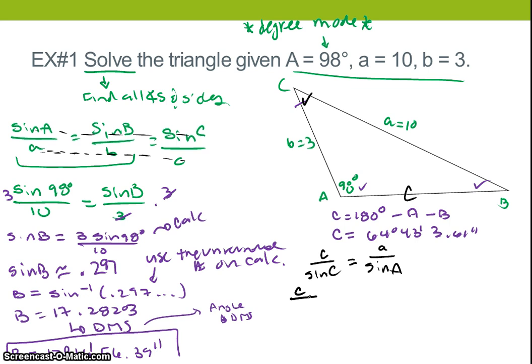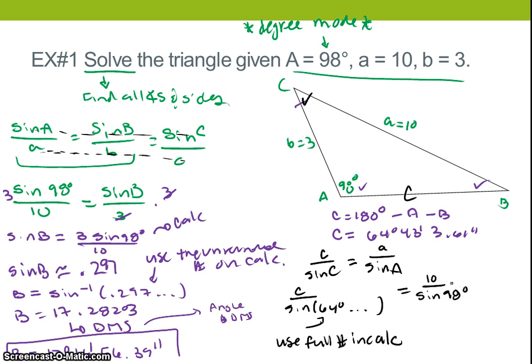Okay, so C over sine of this 64 degrees and some other stuff, which is in your calculator, so I'm just going to use that number exactly as it is in the calculator. So use the full number in the calculator, equals A, which is 10, over sine of A, which is 98 degrees.